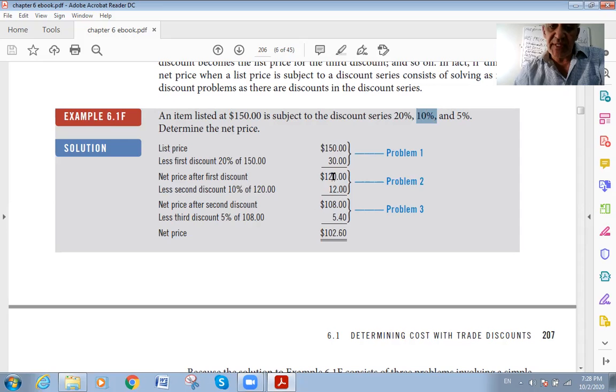So 120 multiplied by 10% gives you a discount of $12. So 120 minus 12 gives you $108. The result of the first stage will go as the list price of the second stage, then the list price of the third stage after deducting the discount of each stage.